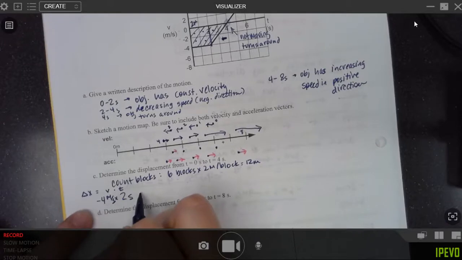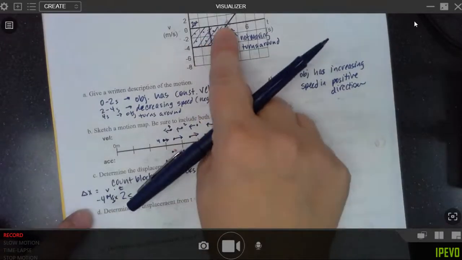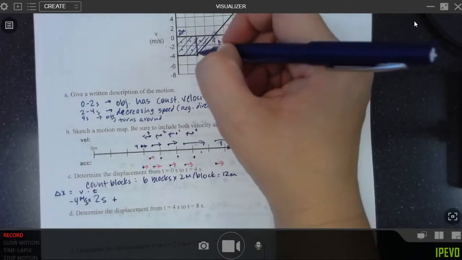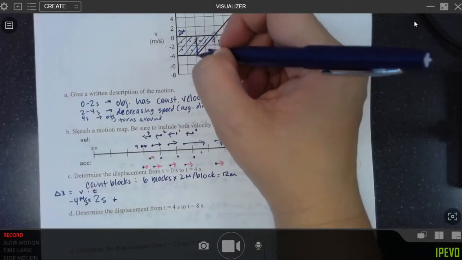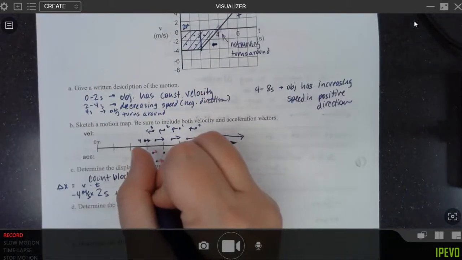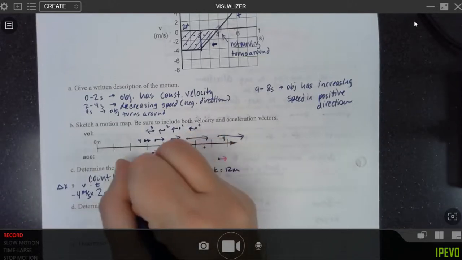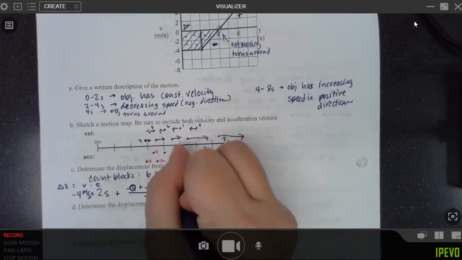And we're going to have to add to that what's going on with the second part. So with the second part, we need to find our average velocity. The average velocity there is going to be minus 4 meters per second divided by 2 times 2 seconds.